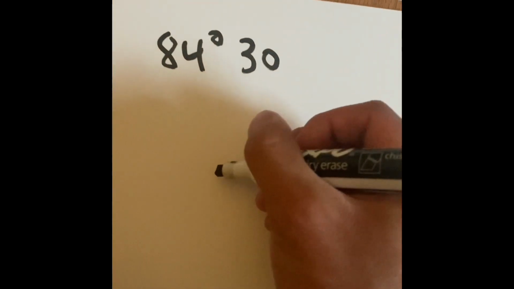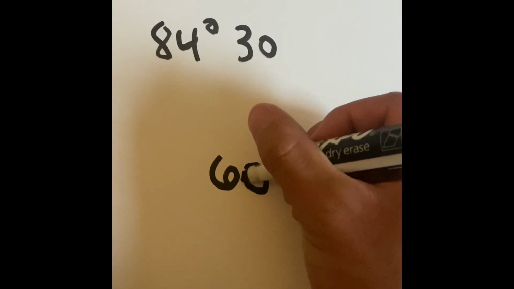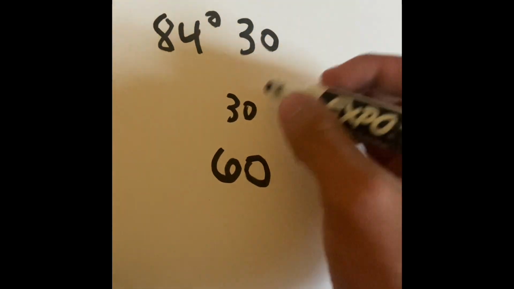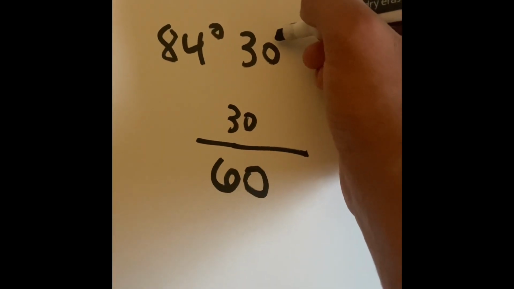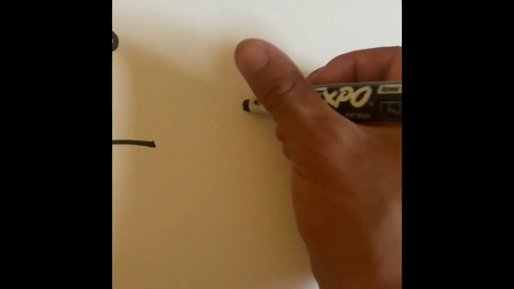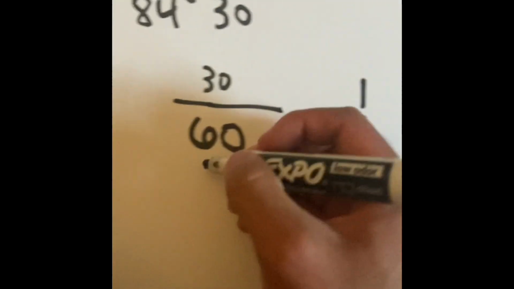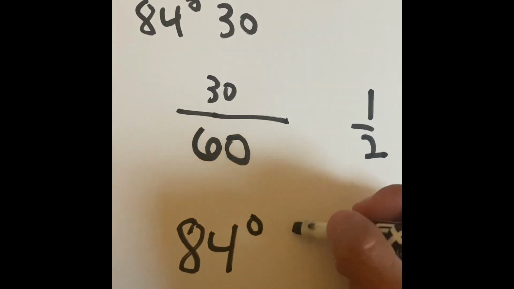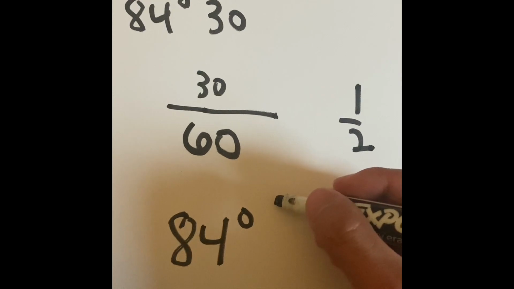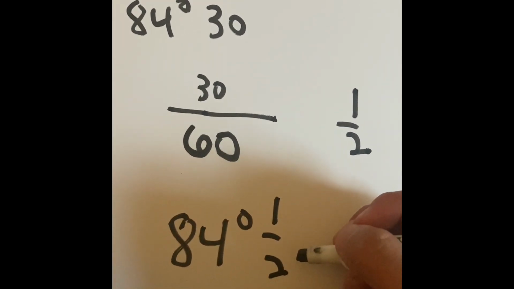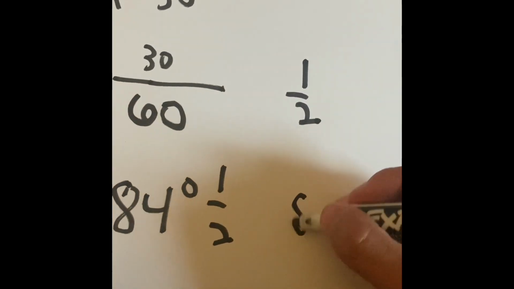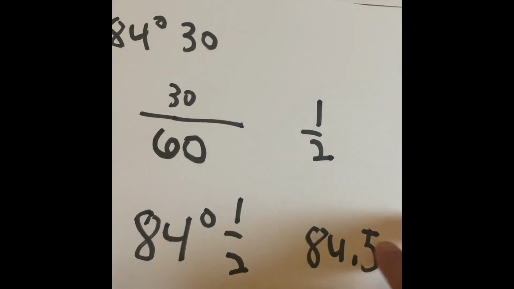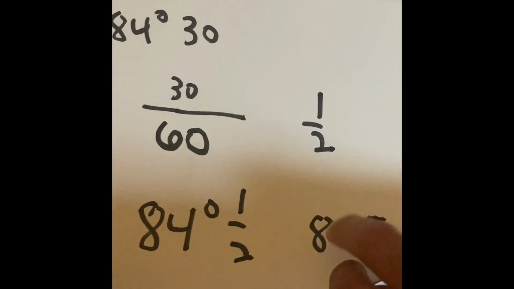So, if we have 60 minutes in a single hour, and we have 30 minutes for this problem, we can simplify that to a fraction of 1/2. So, when a clock has hands made up of 84 degrees, it will have 84 degrees and 1/2. Or 84.5 if you're looking for a decimal. That's one way. Let's look at another example.